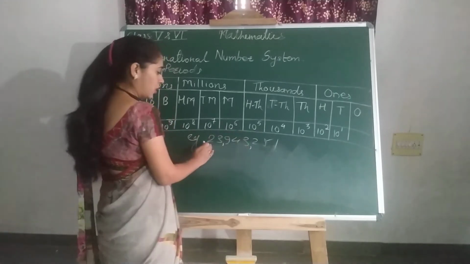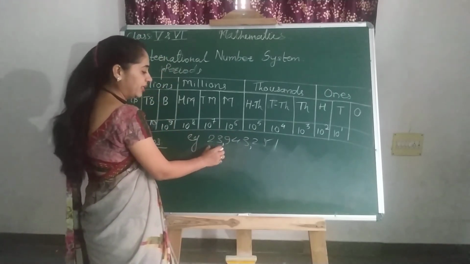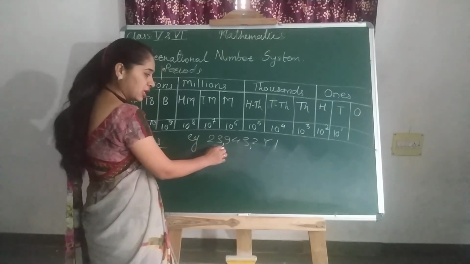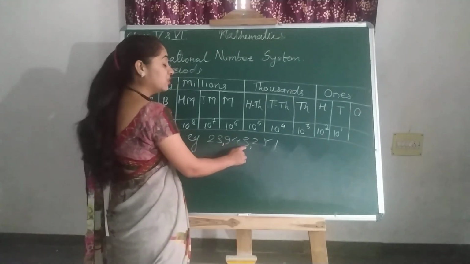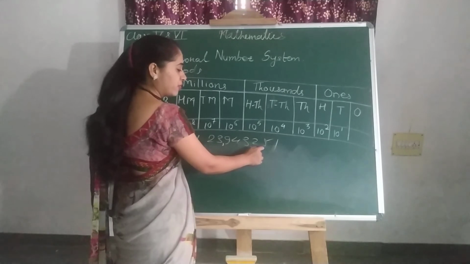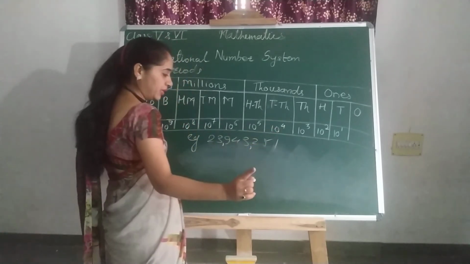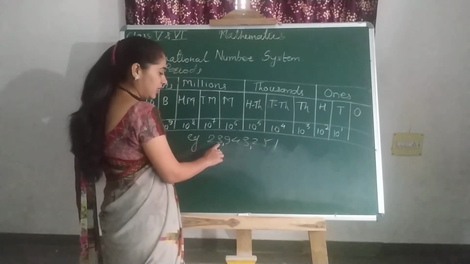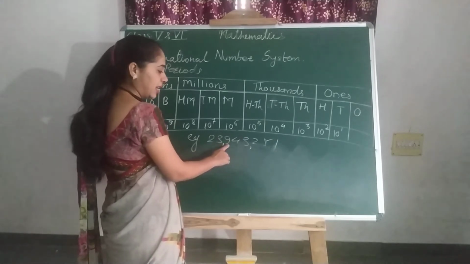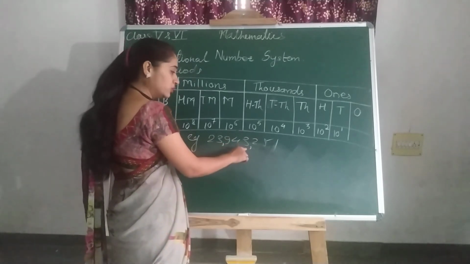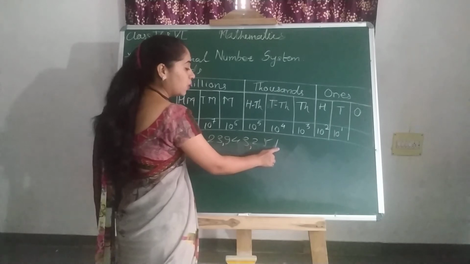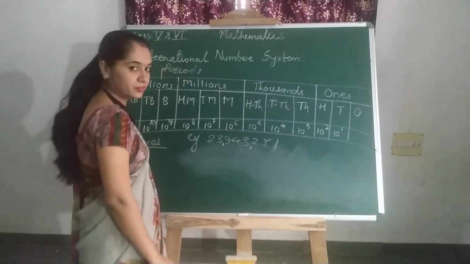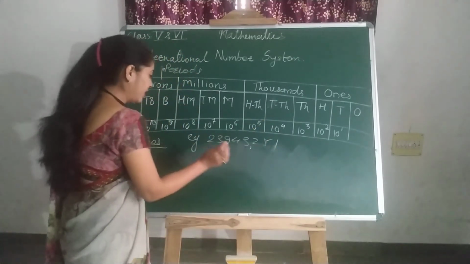So what is this number? This is 23 millions 943,251. See, I am repeating. 23 millions 943,251. Clear? I will write it in words.